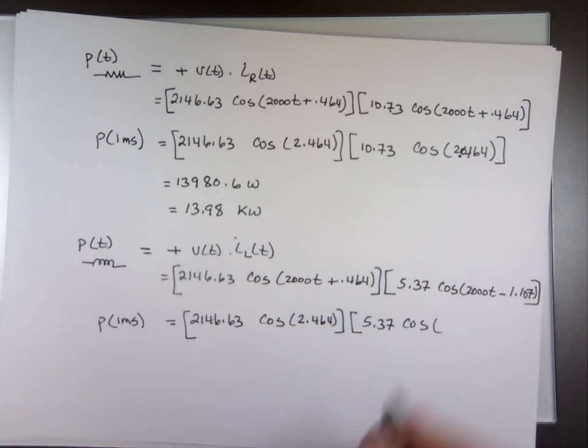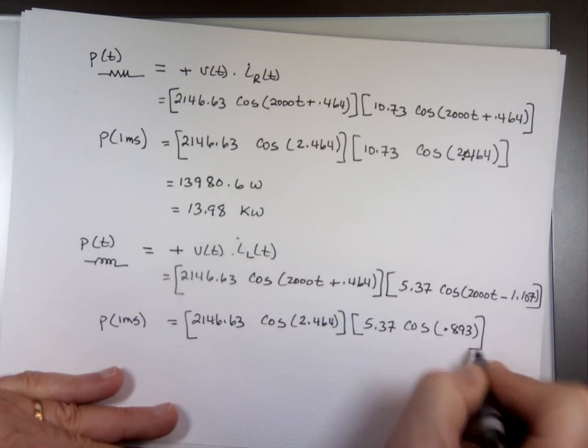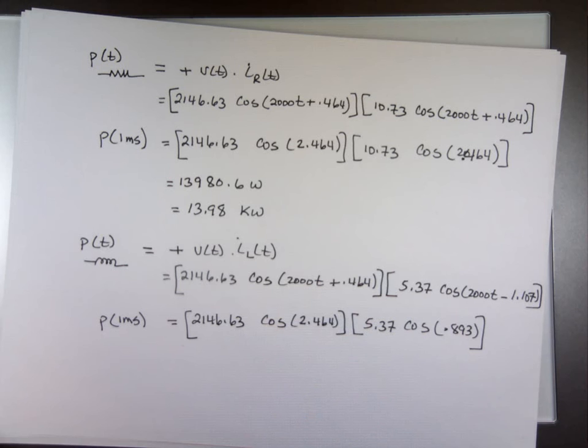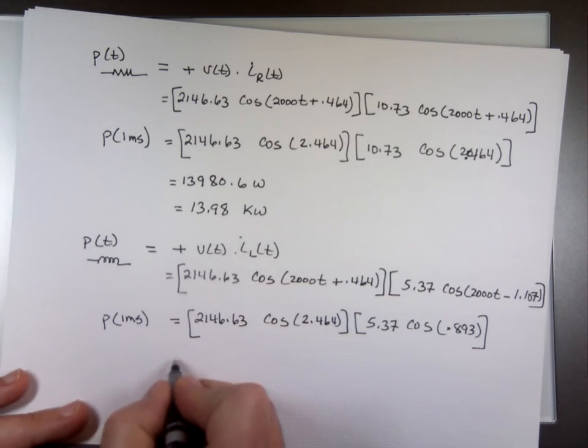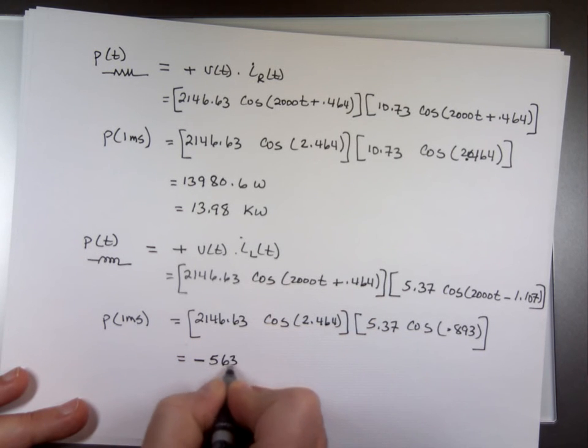This will be 0.893. So here we go: 2146.63 times cosine 2.464 times 5.37 times cosine 0.893, and the math comes out as negative 5631.7.